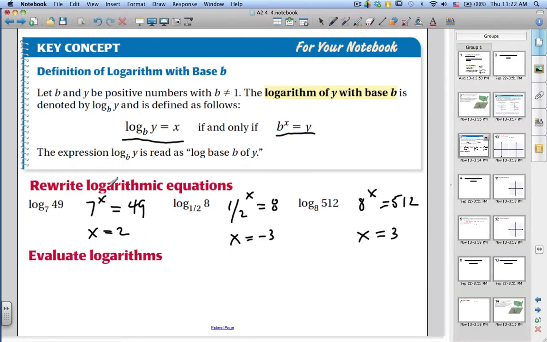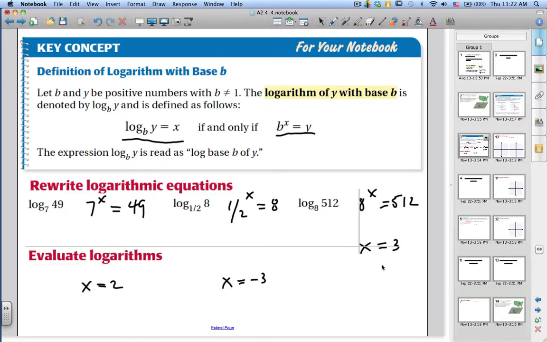So I've talked about rewriting them. I've rewritten them here, and I got a little ahead of myself. I also evaluated them. Okay, so if it helps you, you can always rewrite the logarithmic equation as an exponential equation, and they have this inverse relationship. Okay?